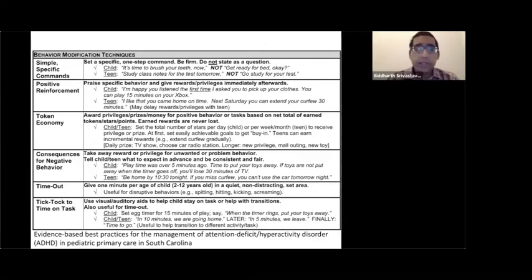There's also token economy, which is providing rewards after a child accumulates a certain number of stars or stickers. Consequences for negative behavior, so taking away a reward, such as a toy, for unwanted behavior. Timeout, and we usually recommend 1 minute per age in a quiet, non-distracting set-aside area. Using visual or auditory aids or cues, like a timer that dings, to help your child stay on task and help with transitions.